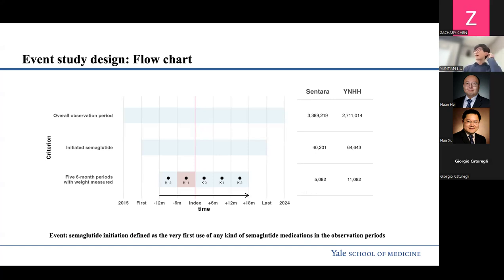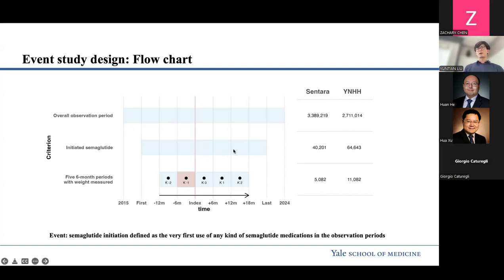Then for each patient, we find their first visit day and last visit day in that period, to make sure that those patients are regularly documented in the health system and we are confident about their data.